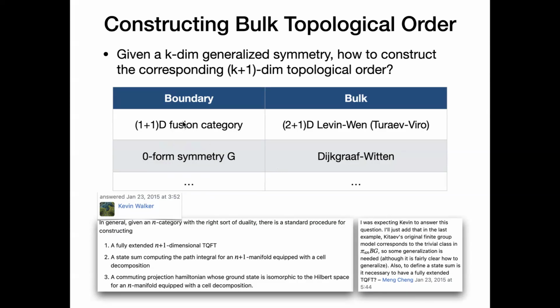They basically just have some mathematical description of the symmetry, like a category, and then they have a rule of writing down the lattice model in the higher dimension. I don't know any way of interpreting this construction as gauging. So I didn't see a direct relation to the construction I presented here, actually.